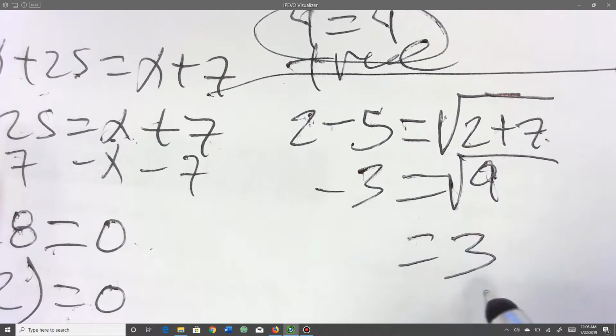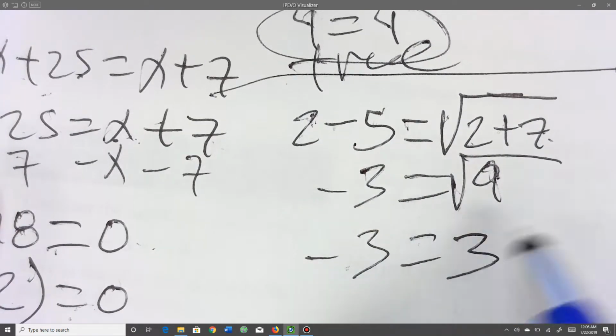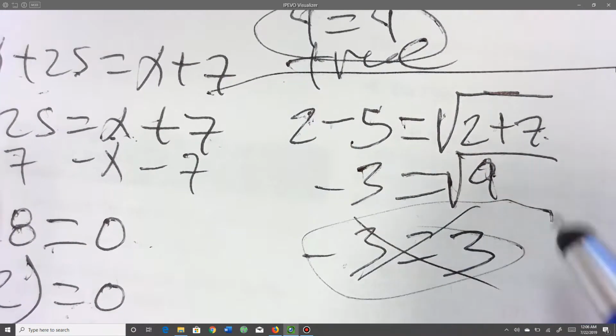Therefore, the square root of 9 is 3. On this side, I have a negative 3. This equation is false.